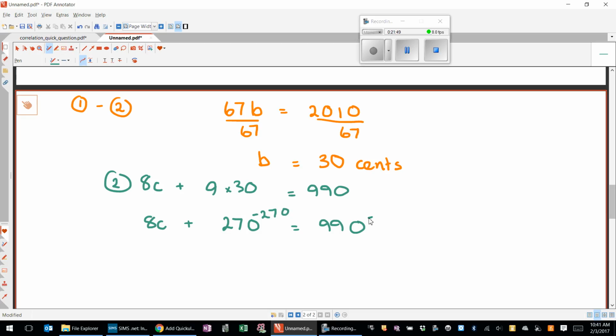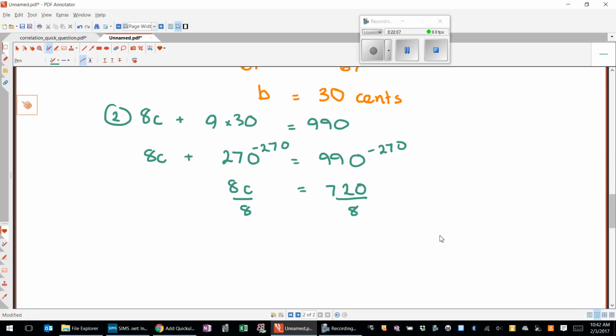So that's 8c is 720. So divide through by 8. So that gives me 90. I guess, yeah. So C is 90 cents. Right. So I've got my 2 solutions.